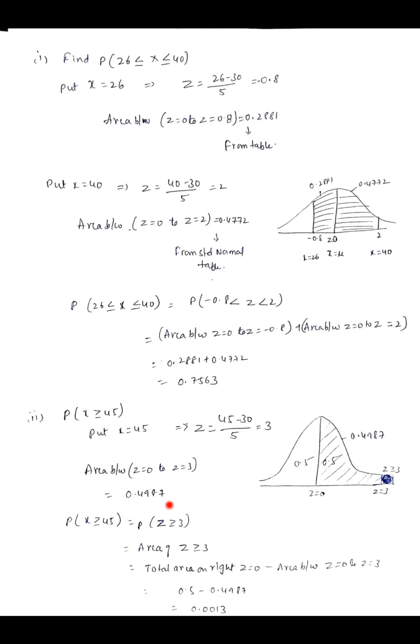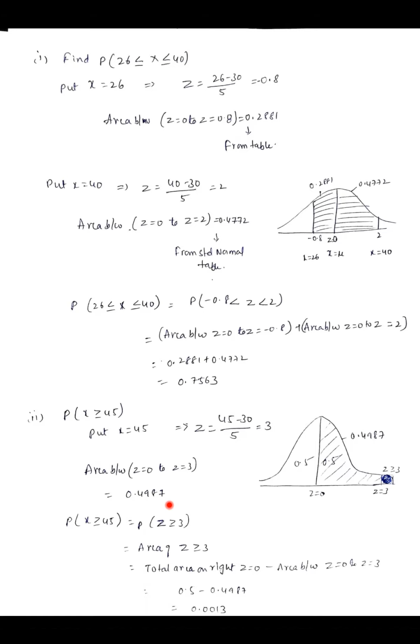Here they are asking for the probability that x is more than or equal to 45, that is P(z greater than or equal to 3). The area of z greater than or equal to 3 is the total area on the right side of z equals 0 minus the area between z equals 0 and z equals 3.